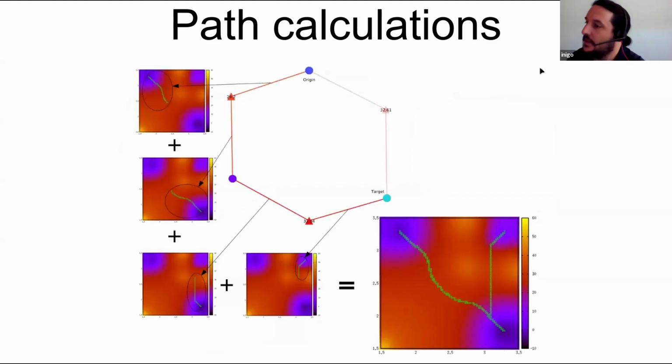This conversion, just briefly in order to understand one of the output files that we can obtain, is computed by combining fragments. Each of these fragments is describing the transition between each of these nodes, like between minimum and barrier, barrier to minimum, minimum to barrier, barrier to minimum. And you can see the fragments, and the combination of them all is constructing the final path that the user is getting.